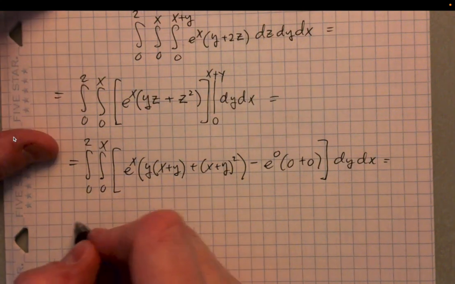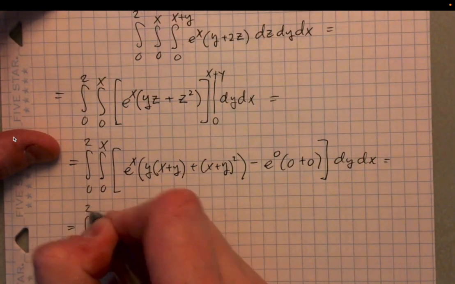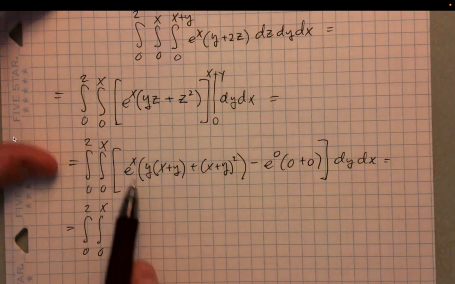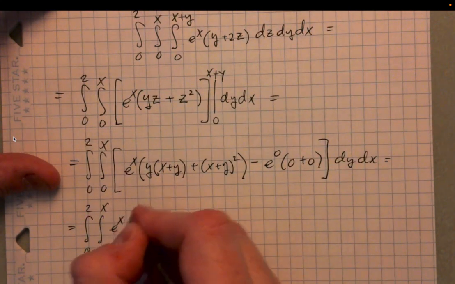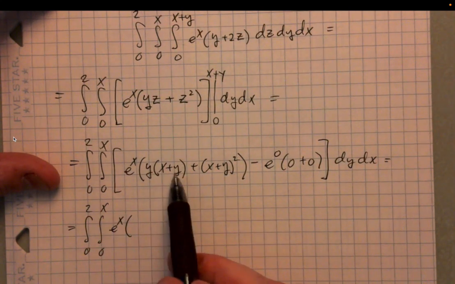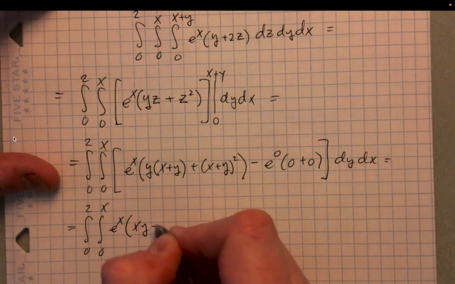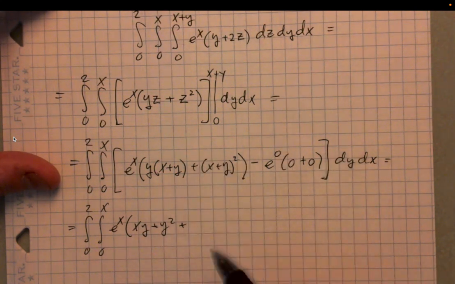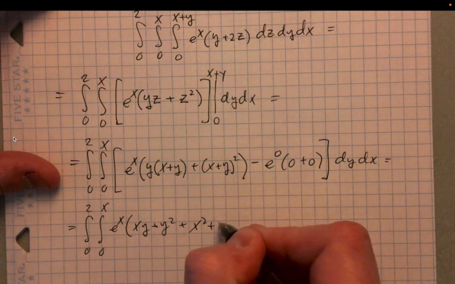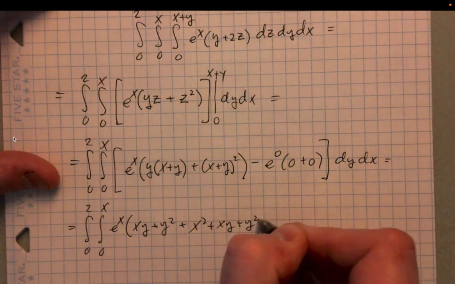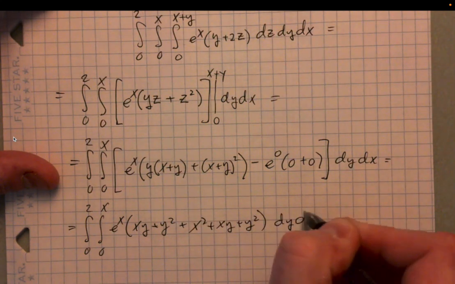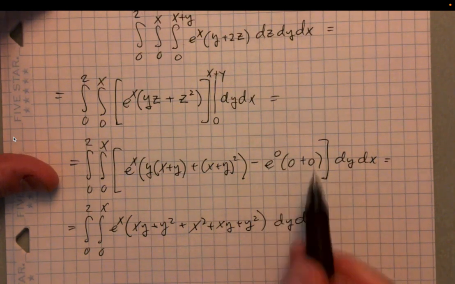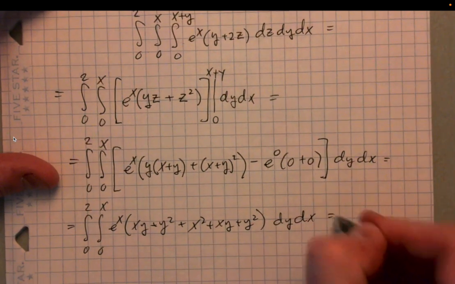Okay, so we can simplify this a great deal before moving on. We'll have e to the x, and then this is xy plus y squared, and then this guy here, if you expand this, you get x squared plus xy plus y squared, and then this is 1 times 0.